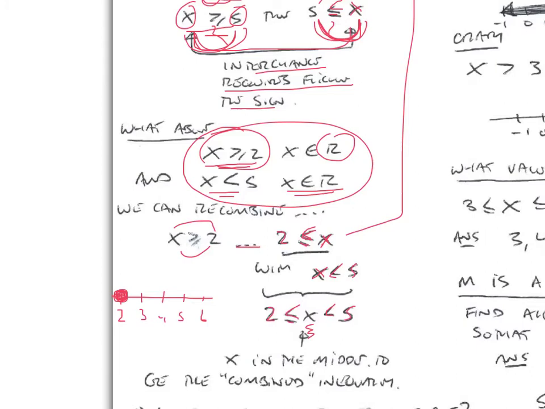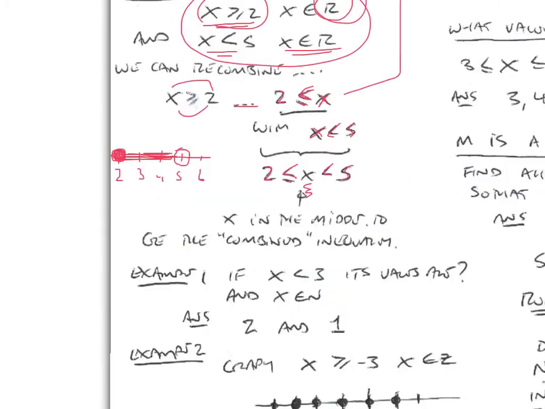So it doesn't include 5, so we'll have the open dot on 5, and because they're real numbers, we'll have a really thick line connecting the two on our number line. So this number line represents the fact that x can float anywhere between here and there.